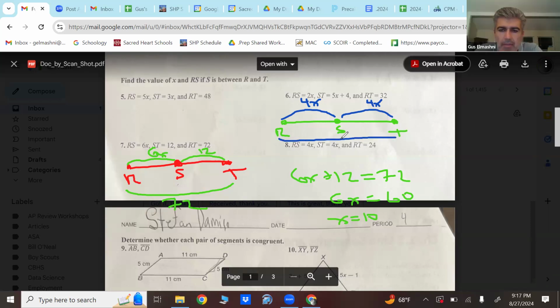How long's the whole thing? 32 or 24. Right. So it's your equation: 4x plus 4x equals 24.